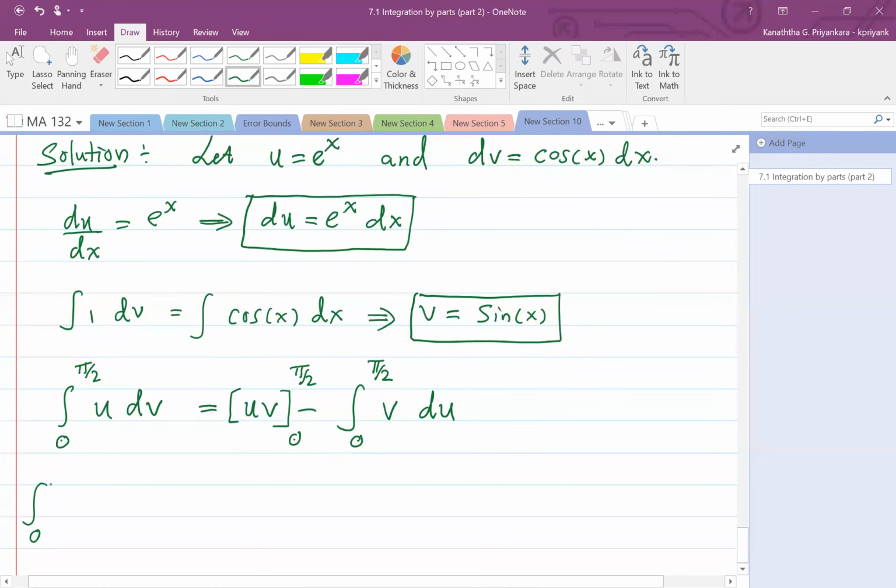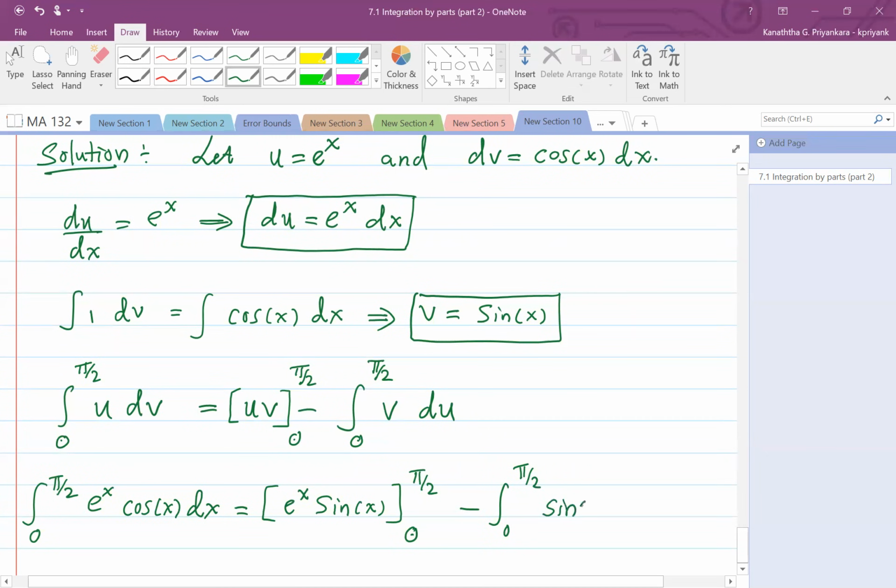So we have the integral from 0 to pi over 2, where we substitute u, which is e to the power x, and dv, which is cosine x dx, equals u, which is e to the power x, times v, that is sine x, from 0 to pi over 2, minus the integral from 0 to pi over 2 of v, which is sine x, times du, which is e to the power x dx.